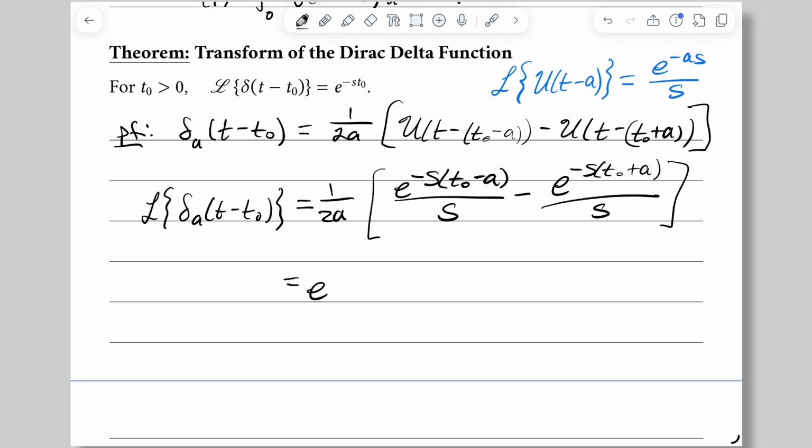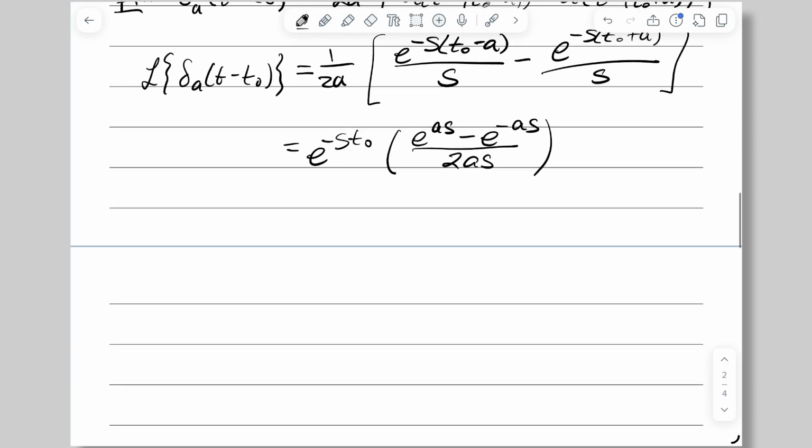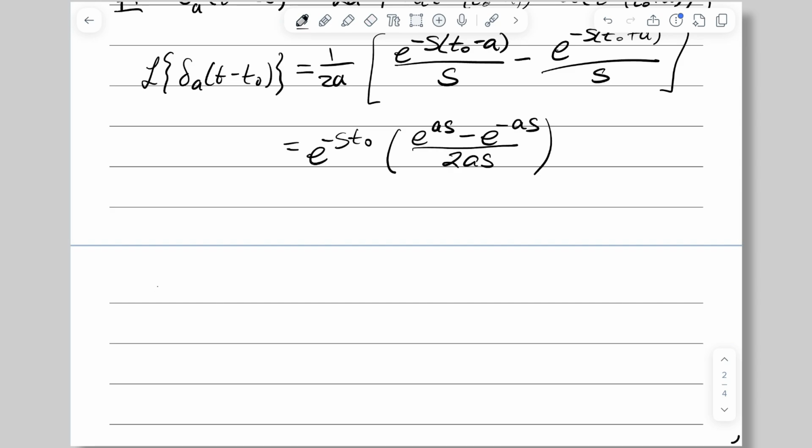I'm going to factor that out, and then combine the two fractions, and what we end up with is e to the as minus e to the negative as, all divided by 2as.